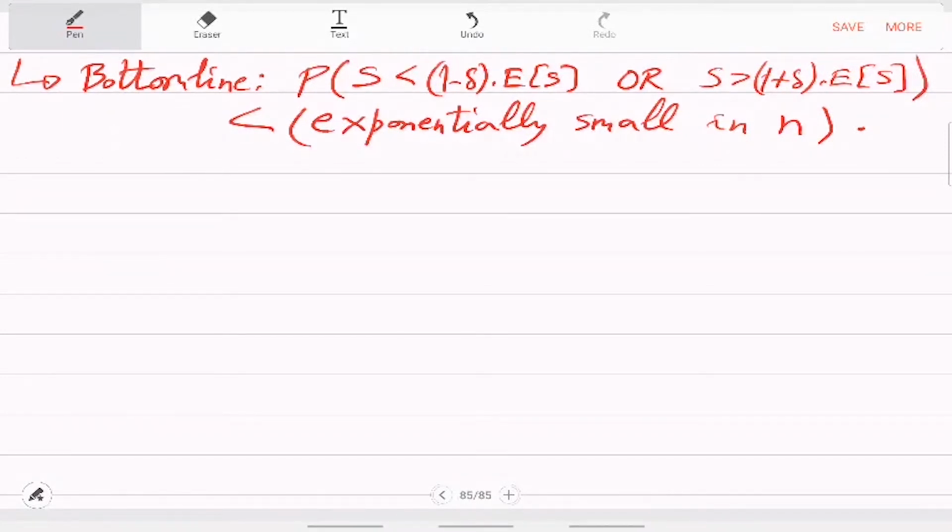So again, something that we have been repeating with every slide, but the key word here is exponential. That's the new thing.